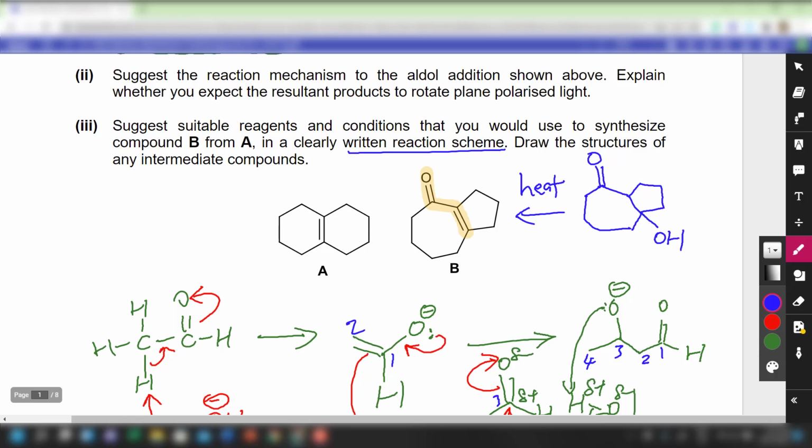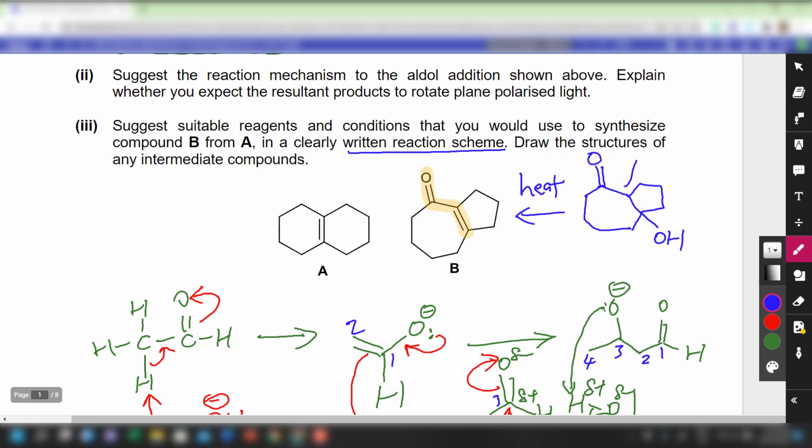And because this particular beta carbon is the one having the OH, we expect this particular carbon to be the original carbonyl carbon, and this particular carbon to be the alpha carbon which is deprotonated.